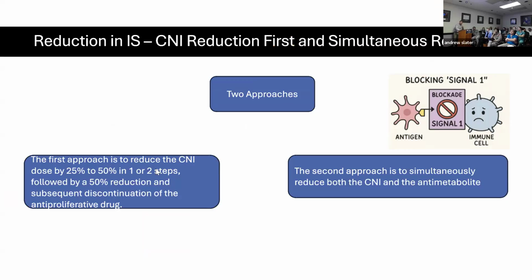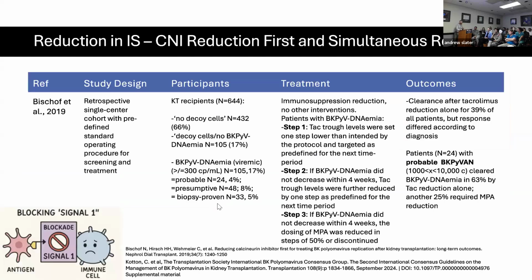So the first approach basically is to reduce the CNI by 25 to 50% in 1 or 2 steps, followed by a 50% reduction in the anti-metabolite if it doesn't clear, and then a subsequent discontinuation of the anti-proliferative drug. Or you can do a simultaneous reduction of both the CNI and the anti-metabolite at the same time. So I will go through this one.